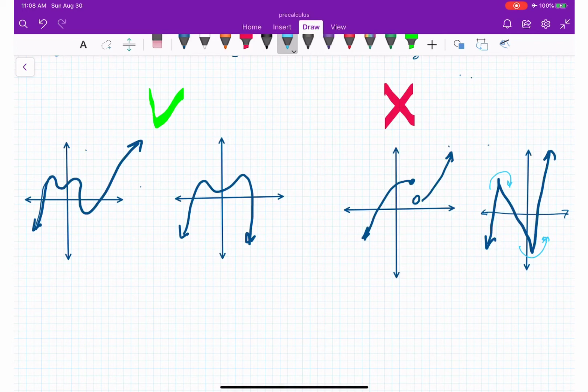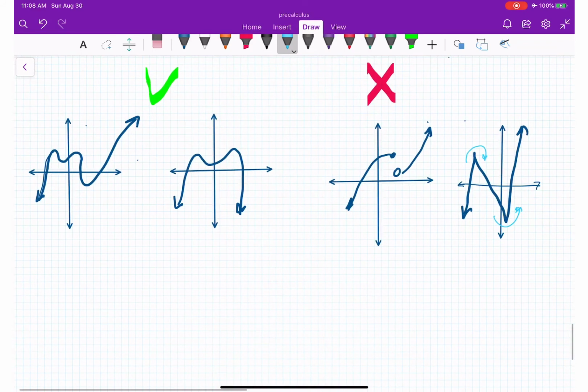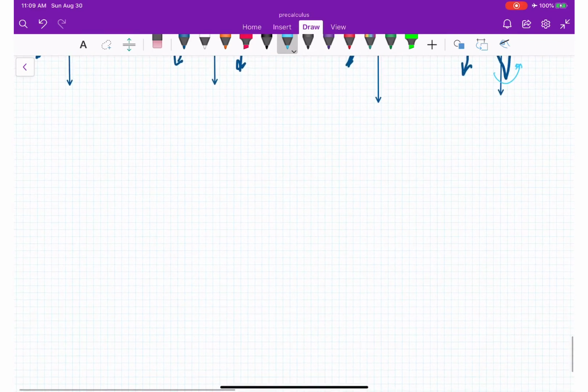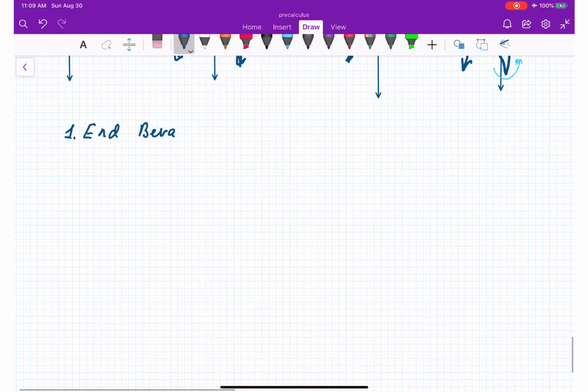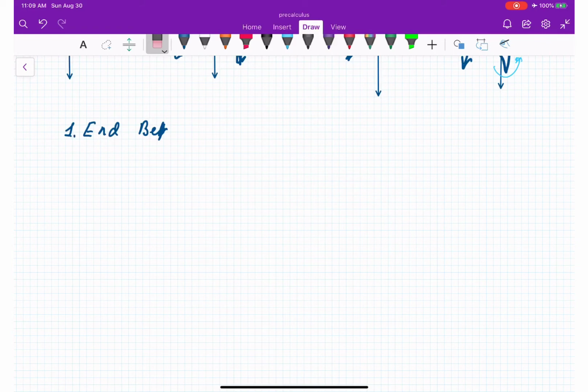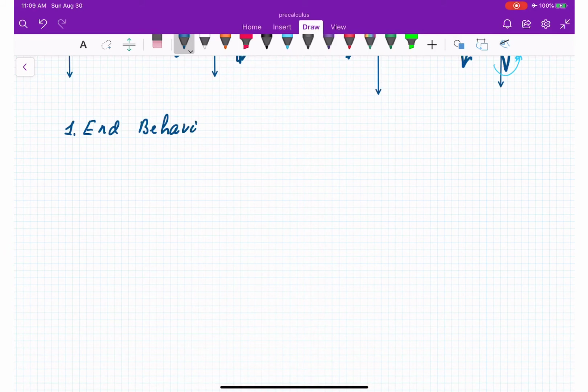Okay, now let's start learning the elements of a polynomial, how to build a polynomial. So the first element we are going to start learning is end behavior and leading coefficient. So step number 1, end behavior, and leading coefficient.